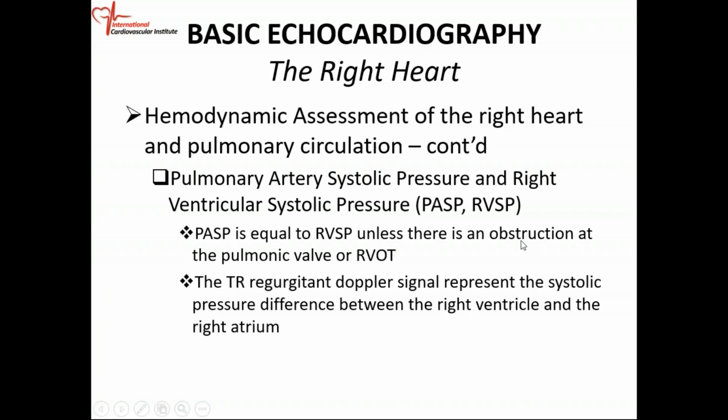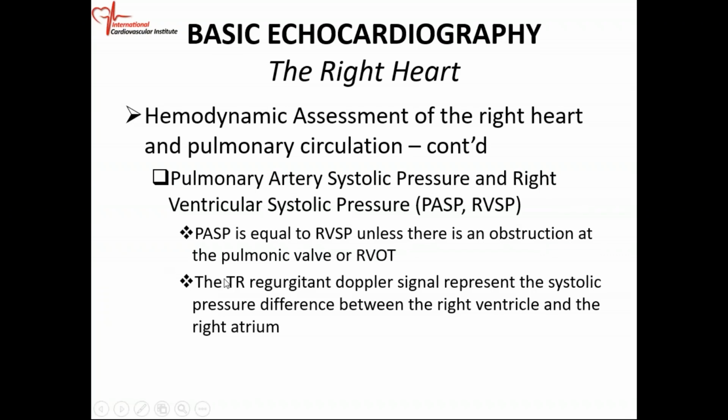We can measure the pulmonary arterial systolic pressure, which is the same thing as the right ventricular systolic pressure, as long as there's no RV outflow tract obstruction. So the pulmonary arterial systolic pressure is usually equal to the RV systolic pressure unless there's an obstruction at the right ventricular outflow tract or pulmonary valve level. They are the same, usually.